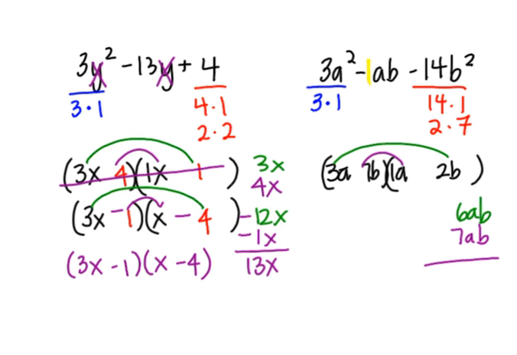So this looks great. Remember in the middle I'm looking for a negative 1ab. Since 7 is bigger, I need it to take the negative sign and 6 the positive. So 7 takes the negative sign, 6 is 3 times 2, it takes the positive sign. So your answer for this one is 3a minus 7b times a plus 2b.